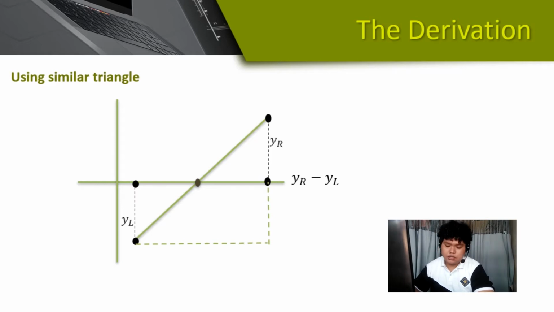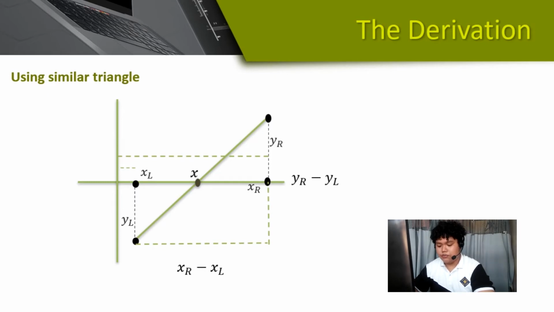The next thing we need to do is find the total length of our base using the x values. Our x values are xr, the right limit, and xl, the left limit. Always remember that the values of xr and xl are distances from the y-axis. Therefore, we have the equation xr minus xl equals the total base of our triangle.